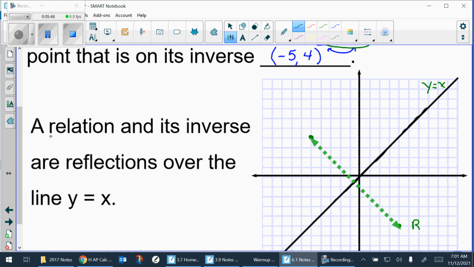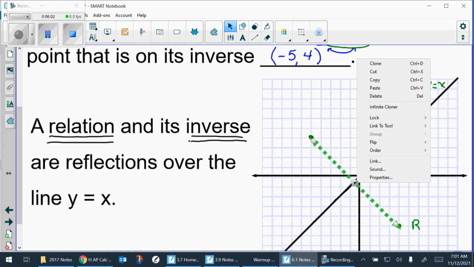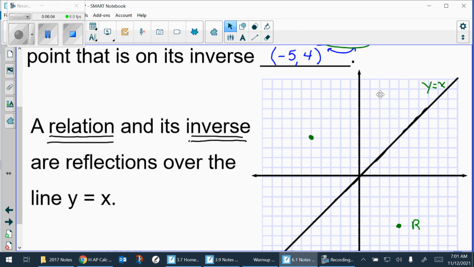So any relation or any point and its inverse, any figure and its inverse are reflections over the line y equals x. And just to show what that might look like, this was my original point down here. You know what I'm going to do? I'm going to make something out of this. I'm going to make a triangle. Let's say I make a triangle that goes like this.